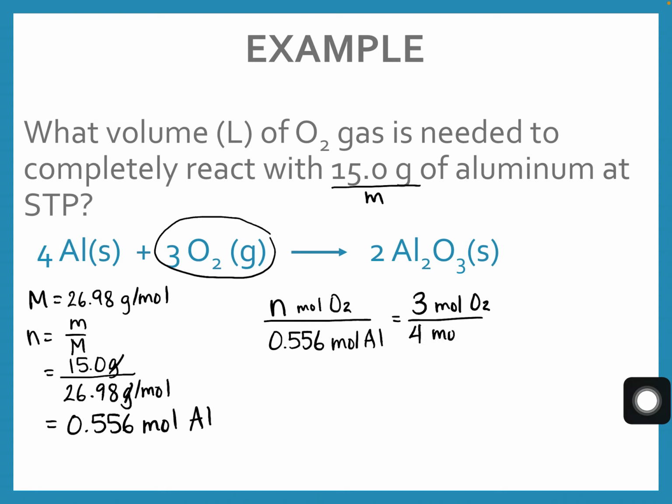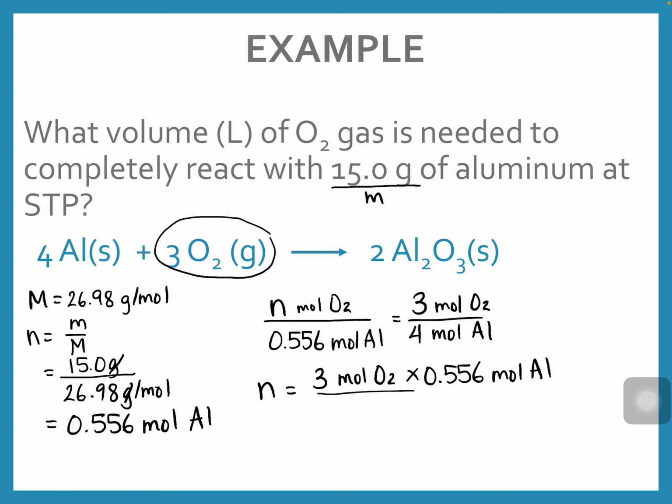So 4 moles of aluminum, and to calculate my number of moles of oxygen, I'm going to multiply the 0.556 moles of aluminum over. So my moles of aluminum will cancel, and this will give me 0.417 moles of oxygen.